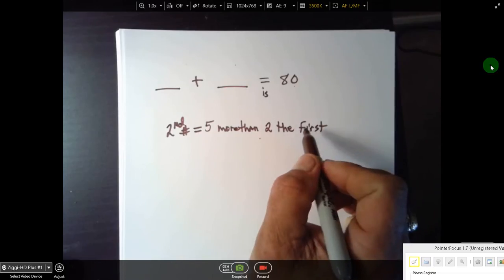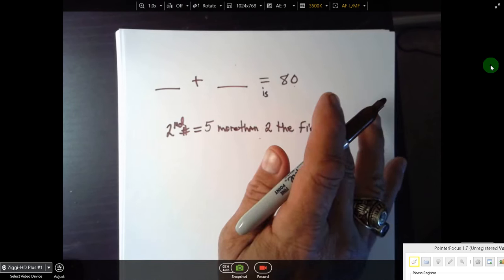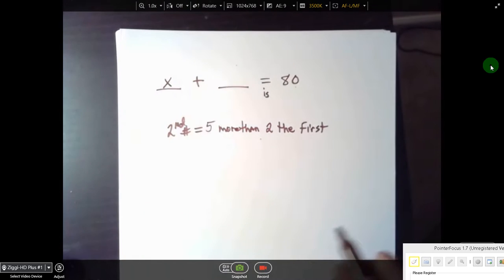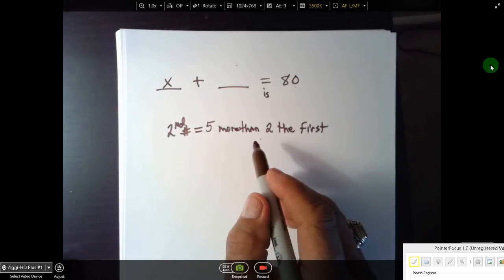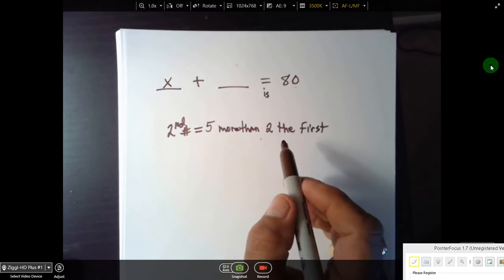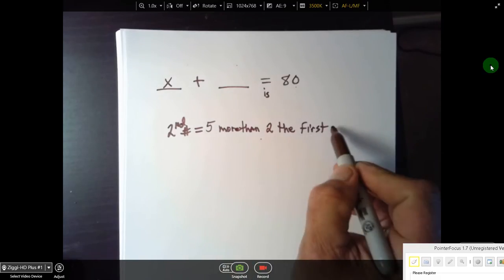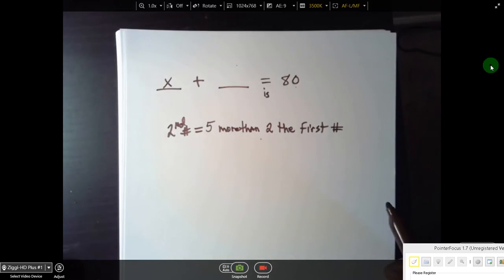Since the first is not talked about, the first is x. That's another little clue: if they don't describe one number, then that number is x.